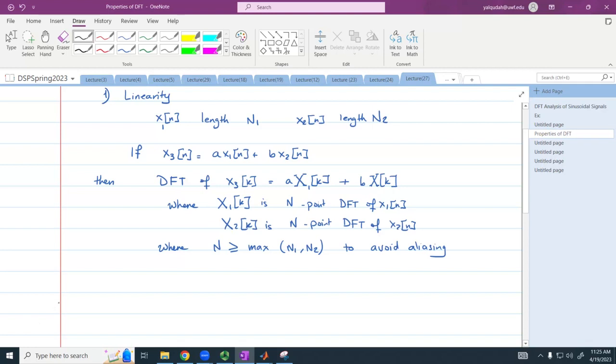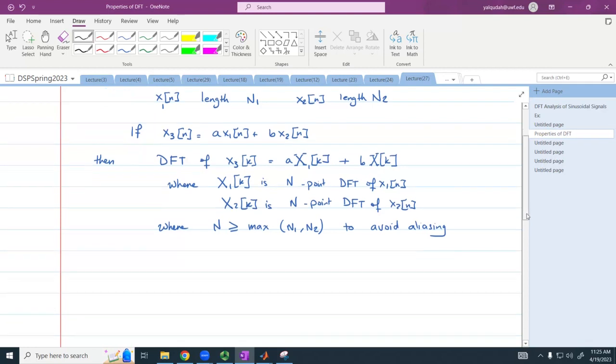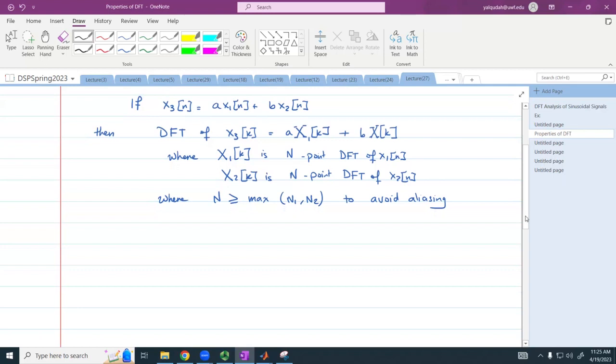The next property is the circular shift, or the time translation.